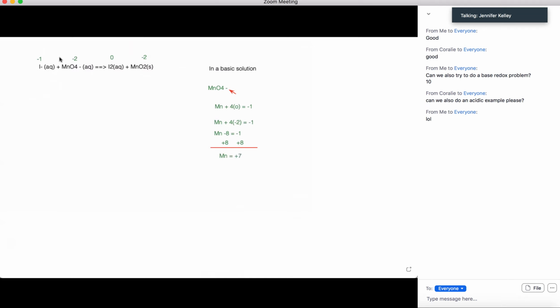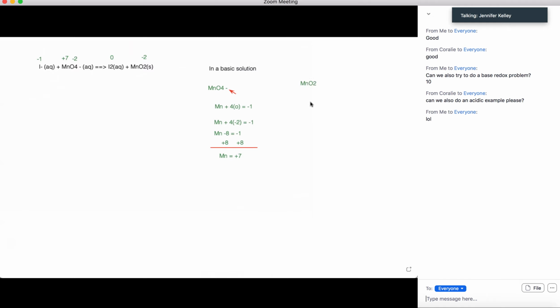So we're going to put +7 over here. Now, manganese is a transition metal. It's not always +7. So we're going to look at the other one, the manganese oxide, the MnO2.